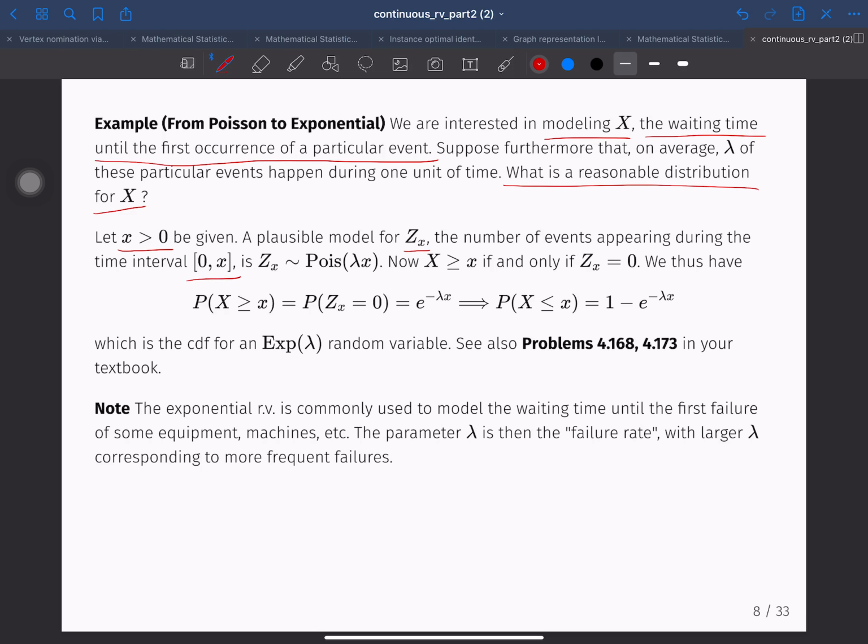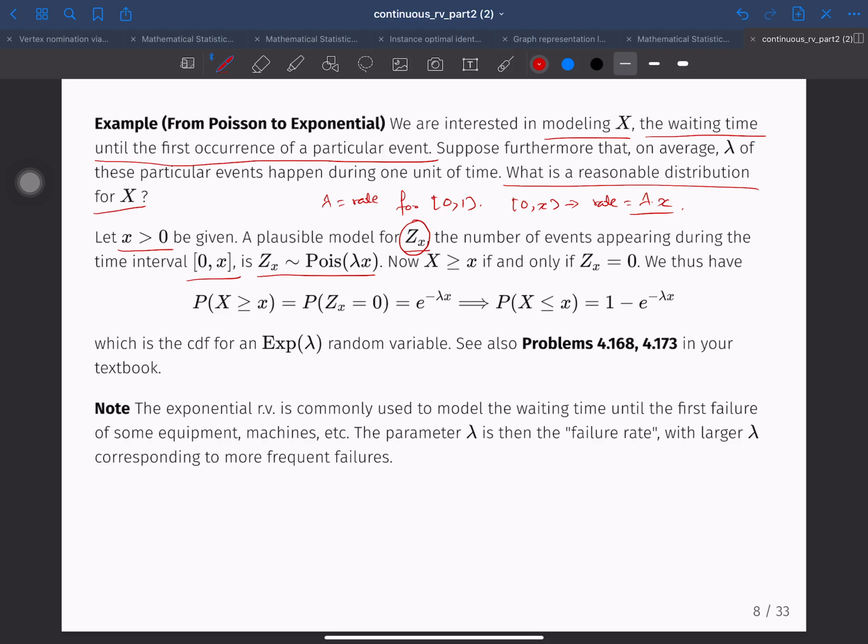Now, because lambda is the rate for the interval 0 to 1, if you have the interval 0 to x, you will just get rate lambda times x. If you assume that a Poisson model is suitable, that is why you have this Zx as Poisson lambda x, as a plausible model, or maybe a first approximation to the model that best describes Zx.